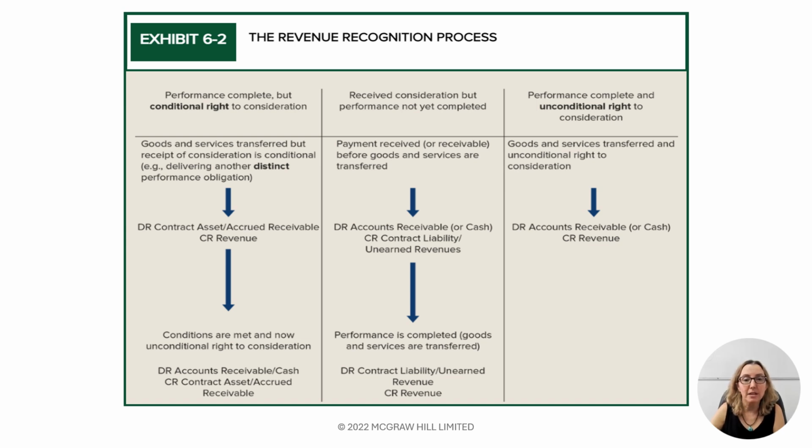The second box in the middle there is when you receive consideration, but you haven't done the work yet. You haven't completed the performance. So you receive payment up front before you do your work. Well, in this case, we're going to debit accounts receivable, but we're going to credit contract liability. Now, under past GAAP or under ASPE, oftentimes we're going to call that unearned revenue. And even under IFRS, you don't have to call it contract liability, but you could.